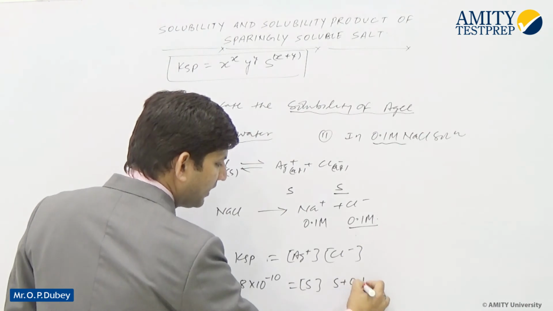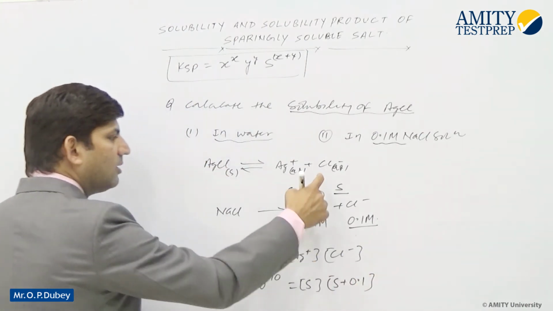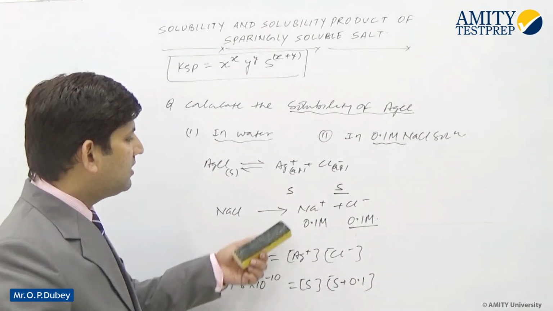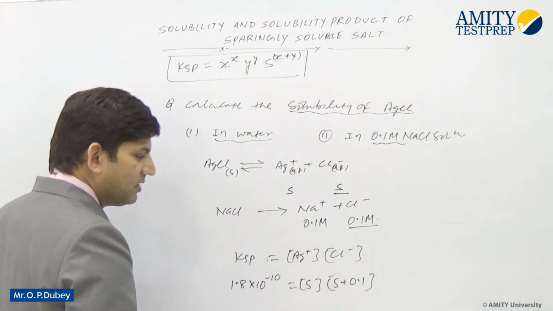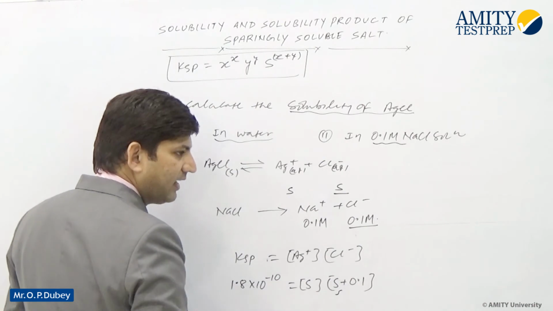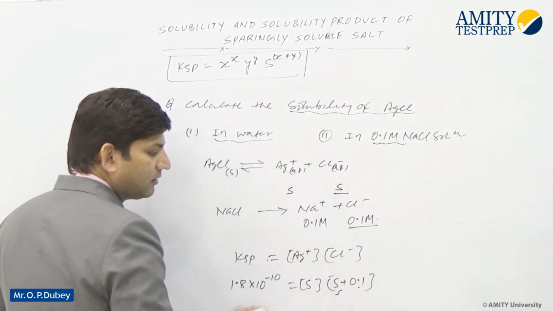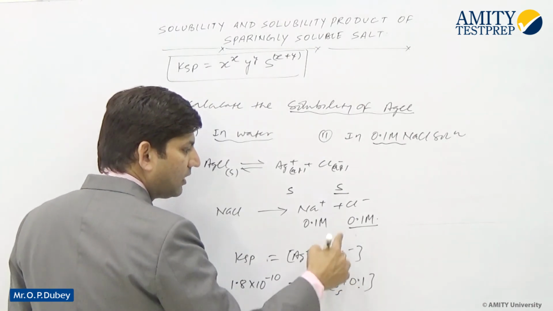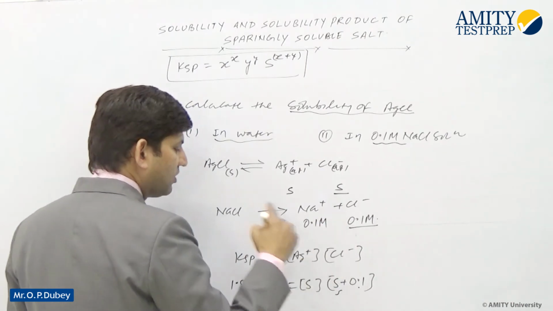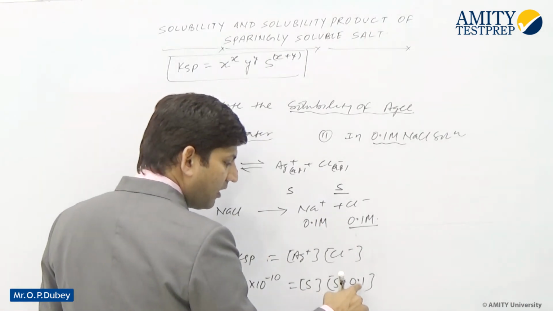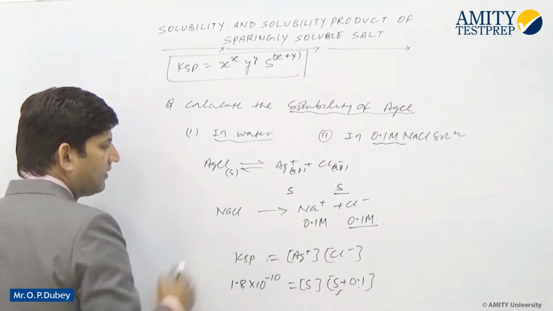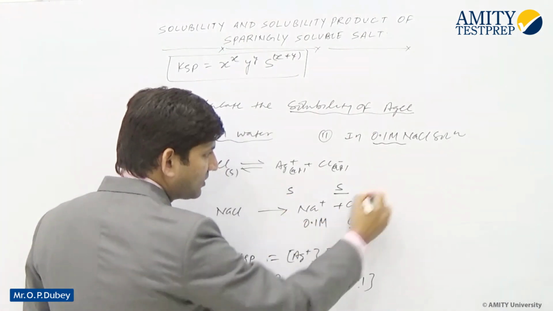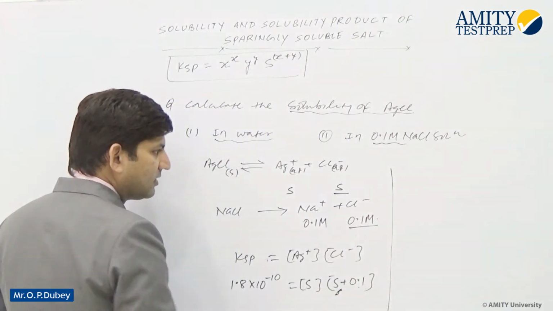Since the solubility of AgCl in NaCl solution decreases because of the common ion effect, this S can be neglected, because the concentration of Cl- from the NaCl is much greater than that from the AgCl. That's why this can be neglected.